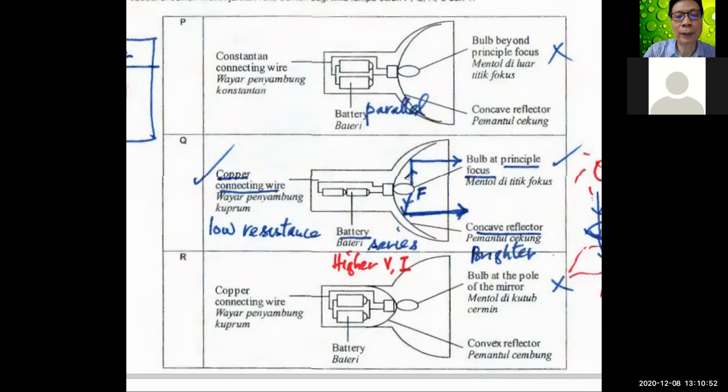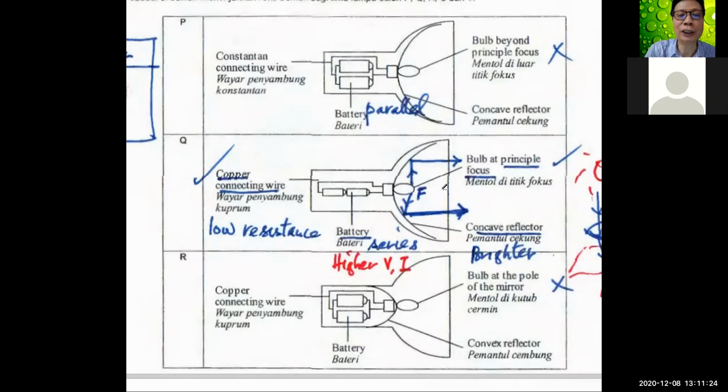When the bulb is placed at the focus point, the light hits the reflector and reflects horizontally. This is what the question wants. Why is horizontal so important? Because horizontal light can travel a longer distance, which means the torchlight can brighten a longer distance. This is the aim of the question.